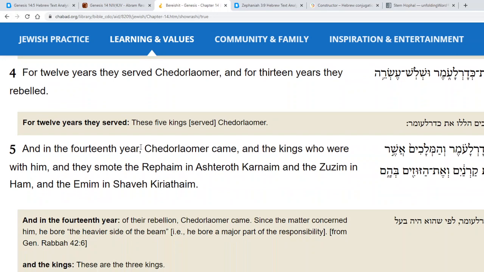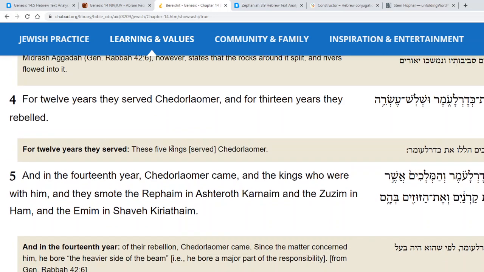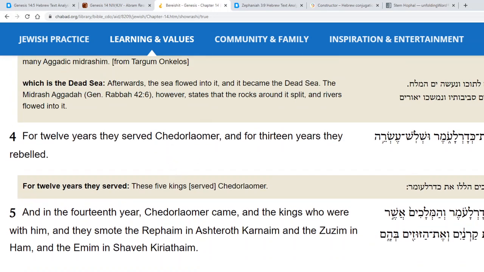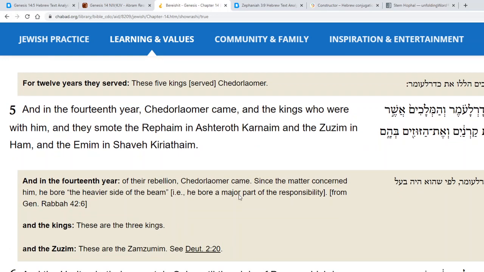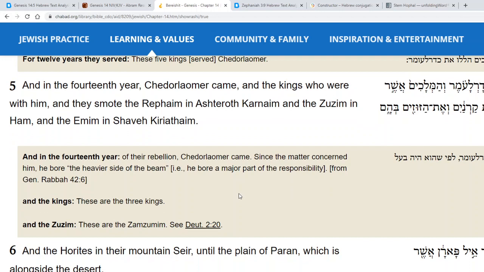For 12 years. And he's saying in the 14th year of the rebellion. That's what Rashi says. And Rashi's just explaining that the Zuzim are also called Zamzumim in Deuteronomy 2:20.